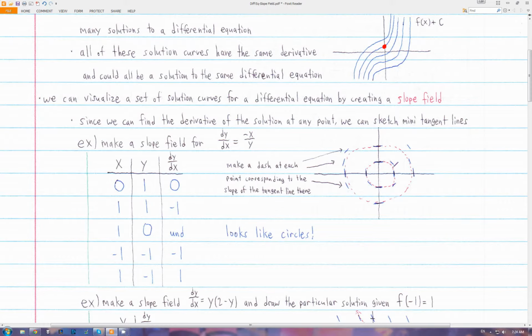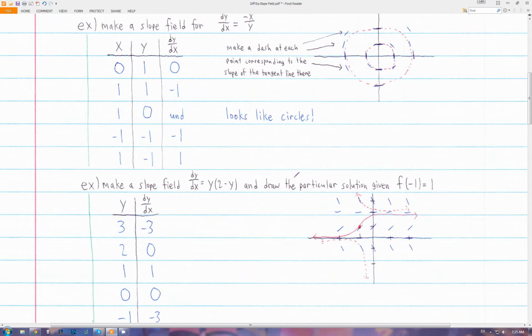So if we plug all the other points in, then we'll get something like this. And from the slope field, you can visualize what the solution curves will look like. So we see that the set of solutions are probably a bunch of circles based on the slope field.